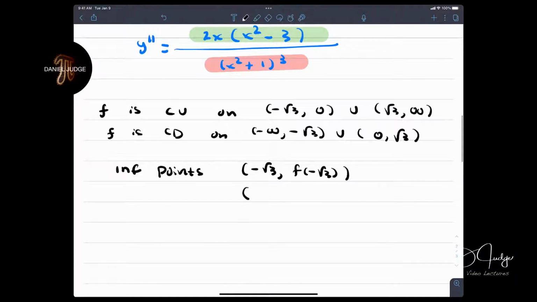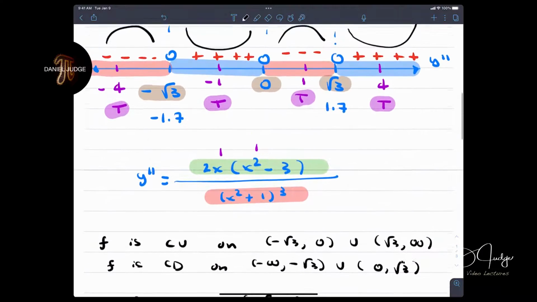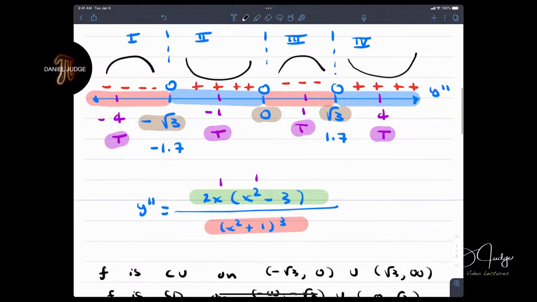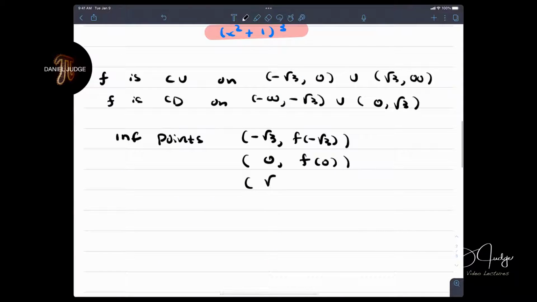Then 0, f of 0. And then the last inflection point happens at the square root of 3, so it's the square root of 3 comma f of square root of 3.